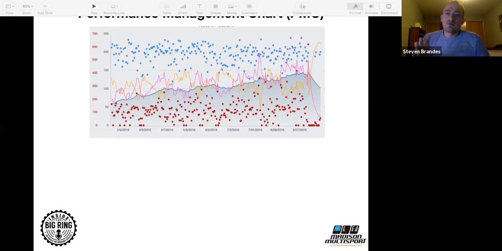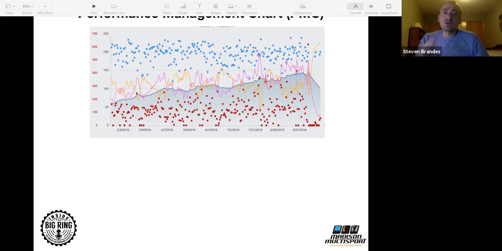Now, here's the one thing. For all of this to make sense, you need to have all of your thresholds in Training Peaks accurate. Swim threshold, bike threshold, run threshold. So if your run threshold is set at 8-minute pace, or whatever the default is, but you're running 6-minute pace, your TSS is going to be through the roof, which may look good, but it's going to give you a false sense of your fitness.